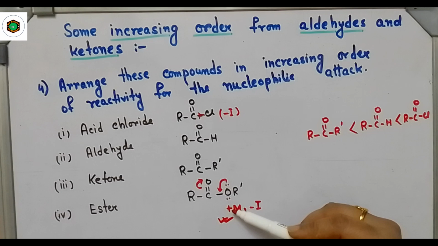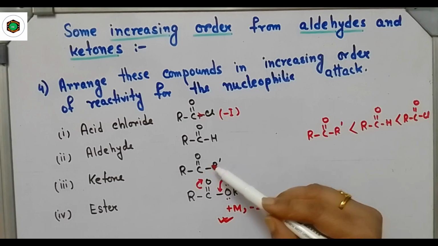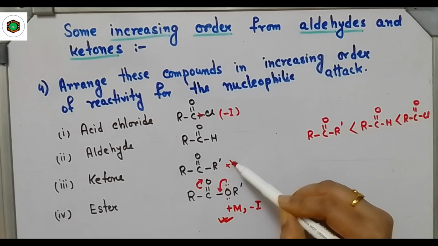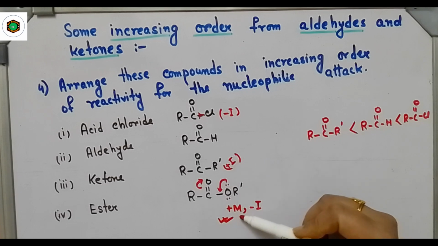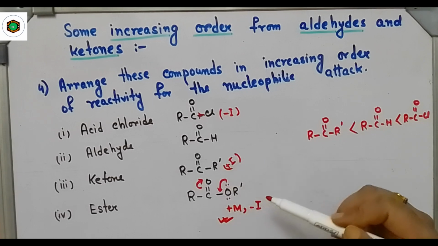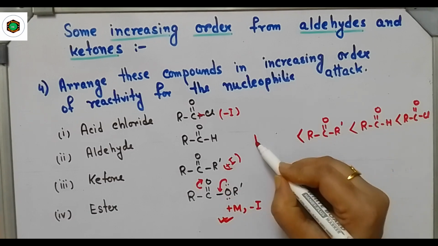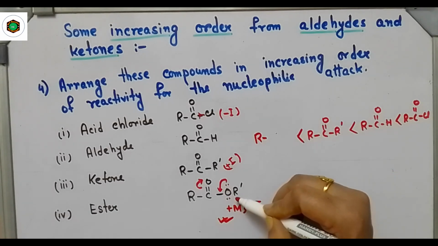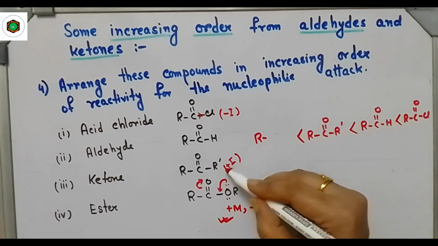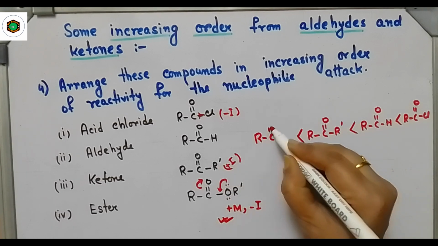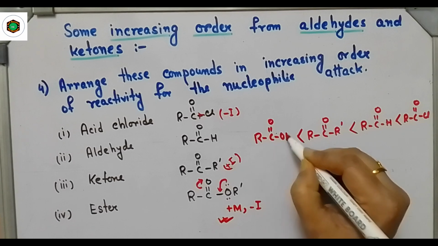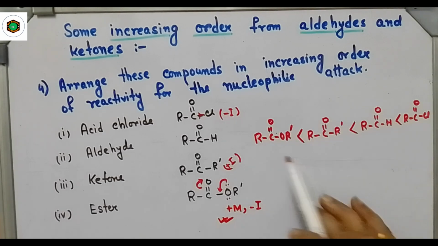And due to +m effect, positive charge density is much more lower than this, because here +I effect is there, and you know resonance effect is much more stronger than inductive effect. So here this effect will be much more stronger than this effect. So here rate is lowest. So this is the increasing order.